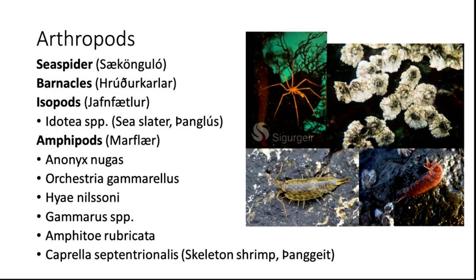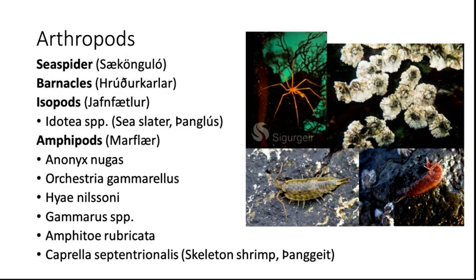And then other types of arthropods, which are very common in Icelandic rocky seashores, are amphipods. And we find them underneath rocks and within the seaweed. And all these arthropods, apart from the barnacle, are a very important food source for many birds and fish and other species that live in coastal areas.